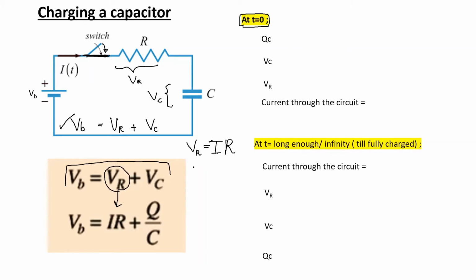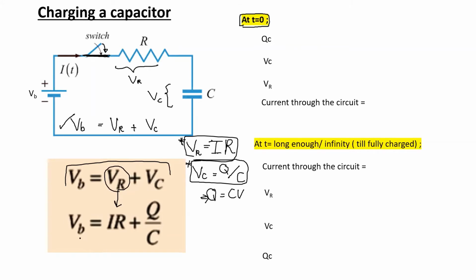How to find the voltage across a capacitor? From this equation, right? Q equals CV. This is the equation of a capacitor, right? So voltage across the capacitor is given by charge of the capacitor divided by the capacitance. So are we okay with these two things? We know how these come, right? You all are very familiar with these two.